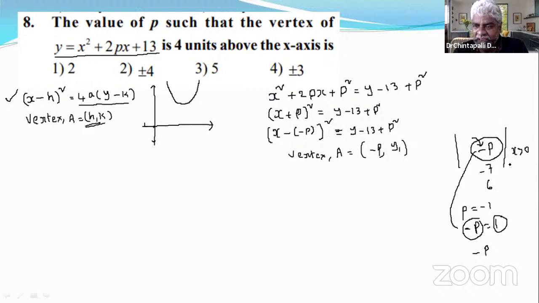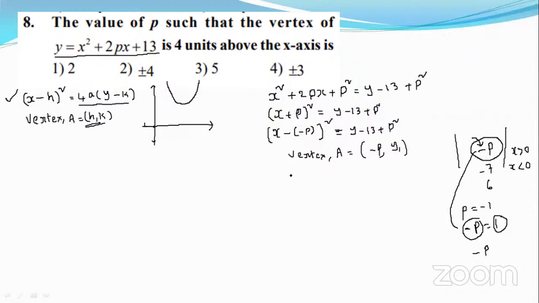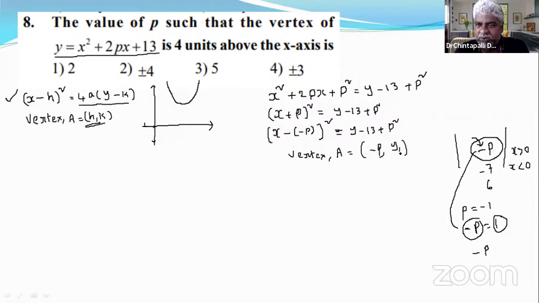If we want to say x is negative, we use the concept x less than 0. Clear? So what I'm telling is vertex coordinates are negative p comma y1. We are supposing the y coordinate is y1, but the x coordinate is negative p, right? It doesn't mean it is negative.